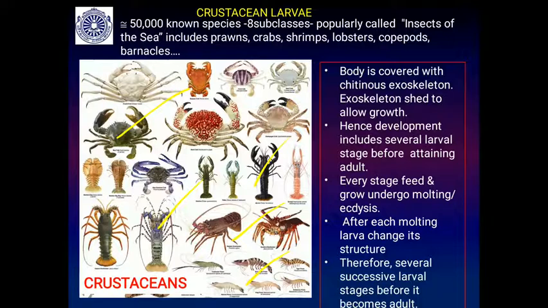They cast off their exoskeleton and the growth starts again. After each molting, the larva changes its structure. Therefore, you will see several successive larval stages before it becomes an adult. So let us study these larval stages of class Crustacea.